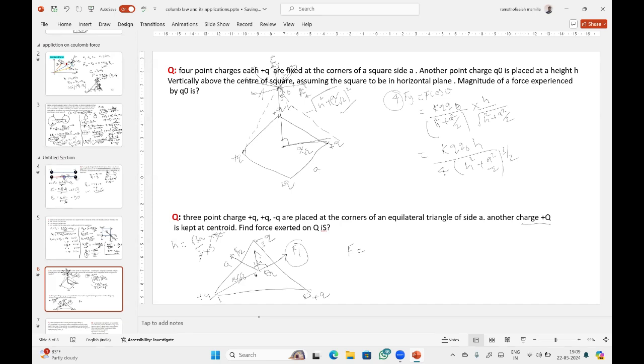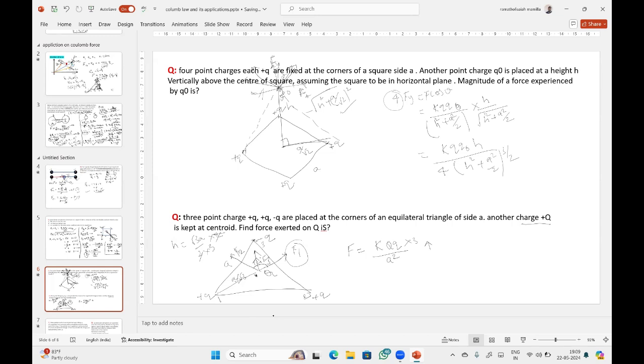That equals F, and F is equal to K into Q Q by the distance a square into 3. So this is in the upward direction. Similarly, here also this is the negative charge, so there is an attractive force also. F3 is also in the same direction.